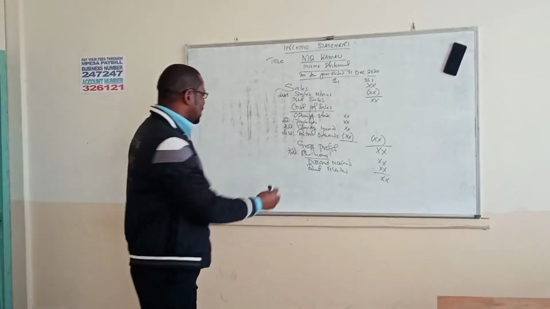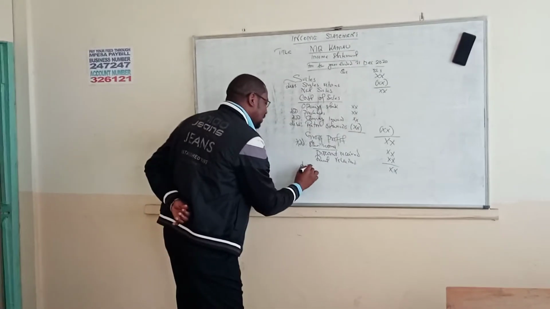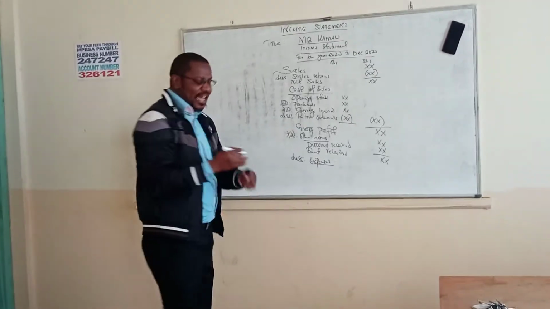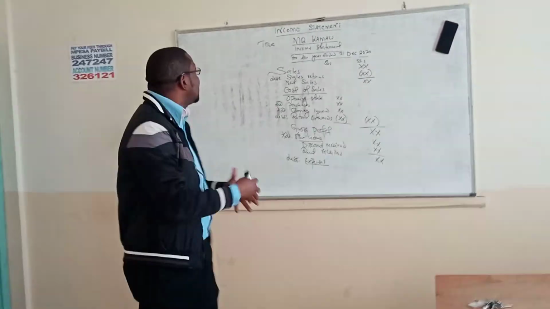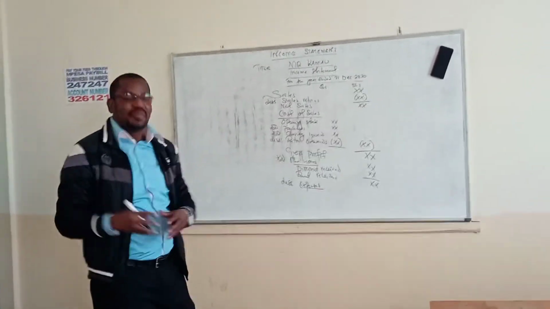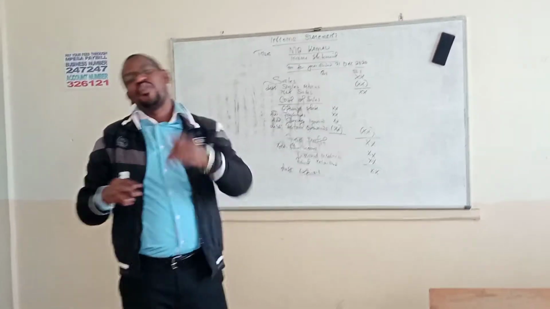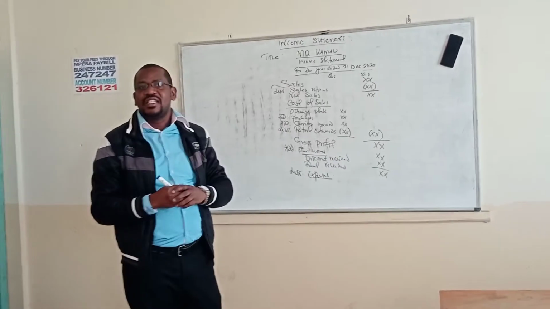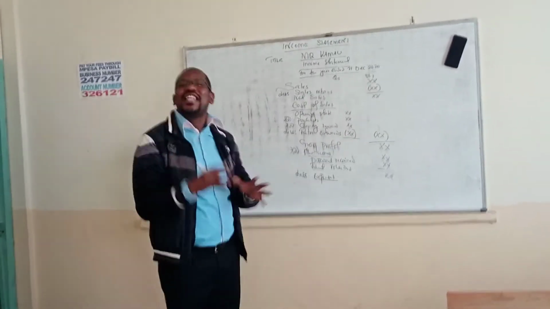Now less the expenses that the entity, the organization, has incurred. Mr. Kamau has some expenses which you can get from your ledger accounts that you have prepared. It will be posted in the trial balance. Look at the debit side.